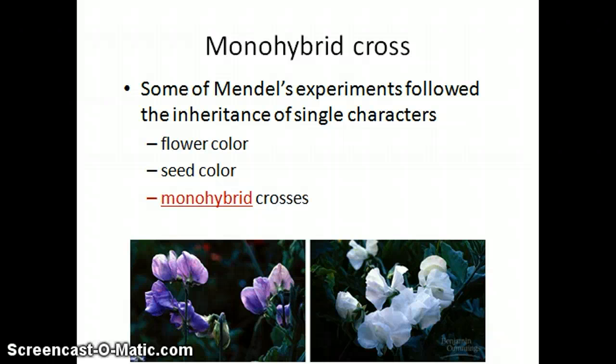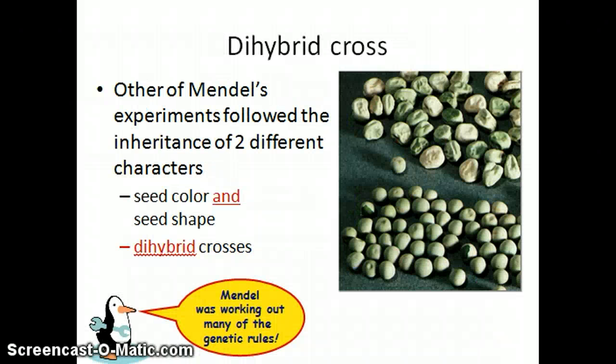So the simple cross that we have is called a monohybrid cross, and that's when we take one characteristic or one character and study it and cross it. So one thing could be flower color, or it can be the color of the seed, and each of those is a monohybrid cross.